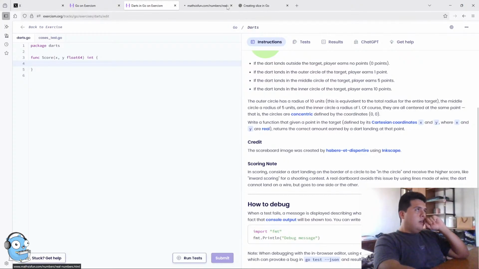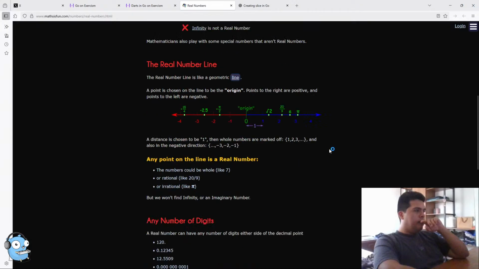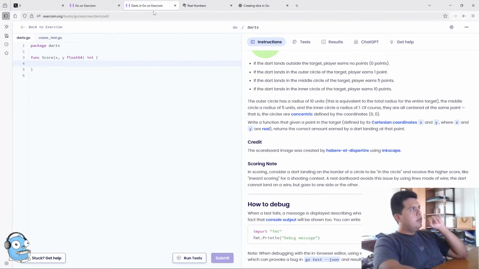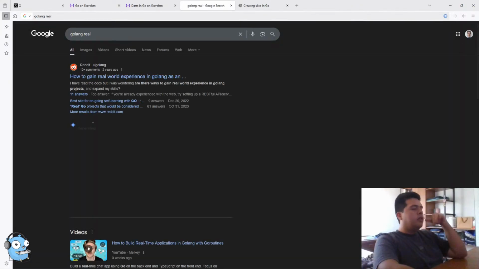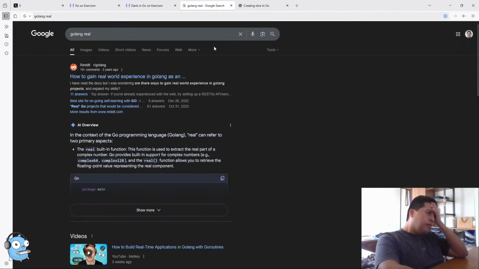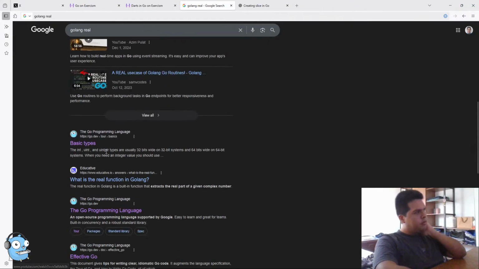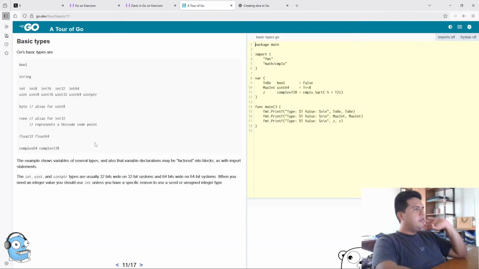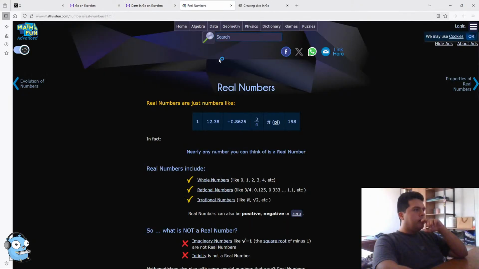But the thing that I remember about real numbers, at least in Go, Golang, is that the values are from 0 to infinite, I don't know, not infinite, but real numbers.